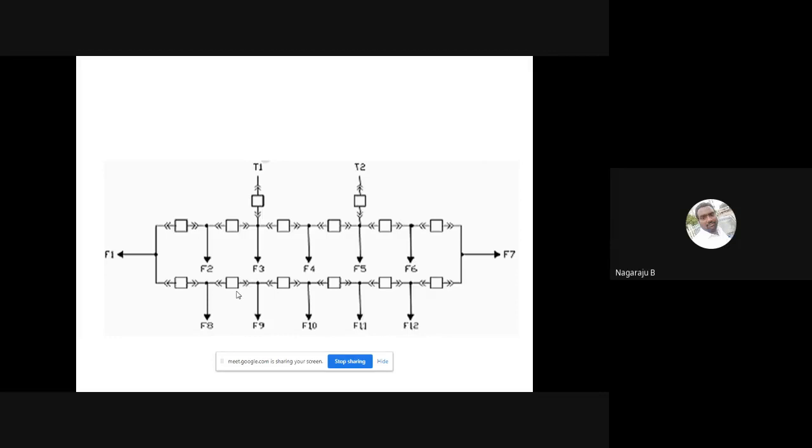At feeder F3, transformer T1 is connected, and at F5 transformer T2 is connected. If I have a fault at F3, you have a connection to F2 and a connection to F7, all interconnected. This is a meshed type of arrangement.